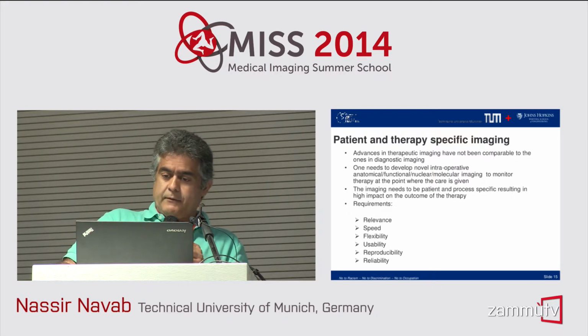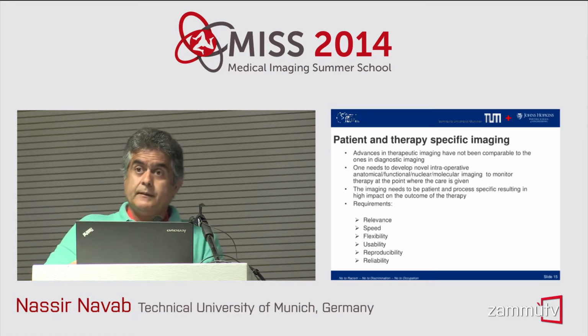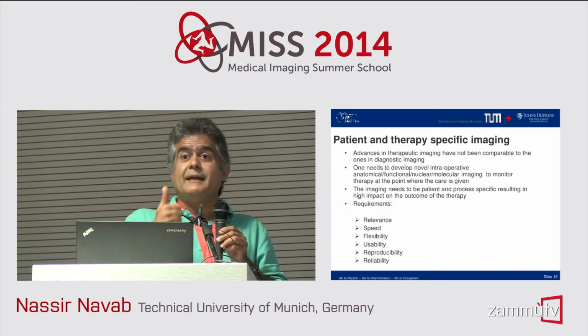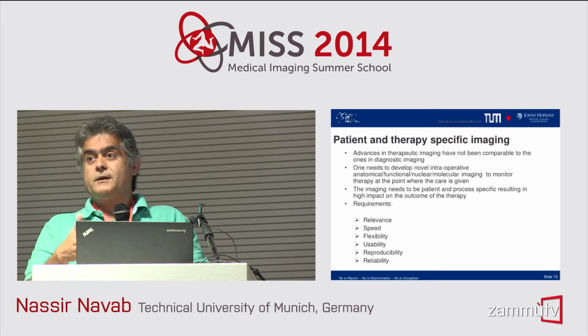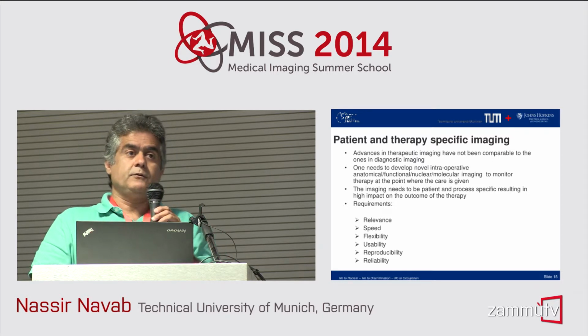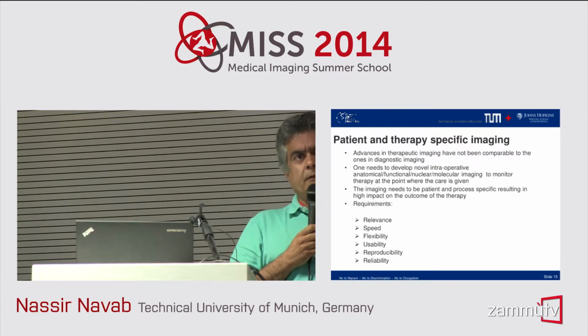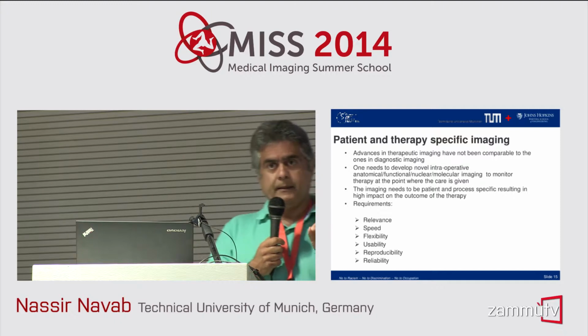So we need to develop these things, and some of the requirements, the most important and probably the most difficult one, is relevance. Now, what does relevance mean? I will talk about it also in the afternoon when I talk about visualization. Inside the operating room, they are not interested in general imaging. If they do an image, they want to see something.